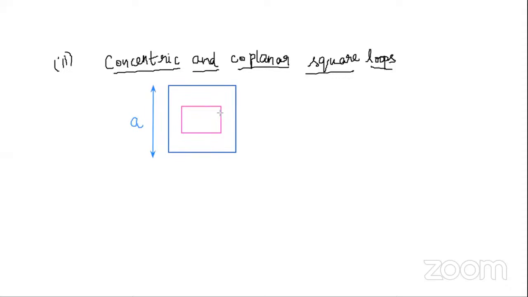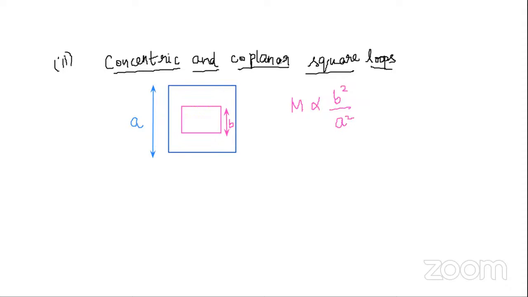We should not think that it is a rectangle, it is nothing but a square. So this side is nothing but B. So here the mutual inductance is directly proportional to B squared by A squared. This is the next case.